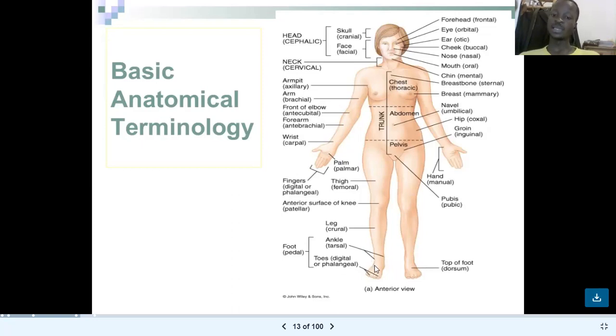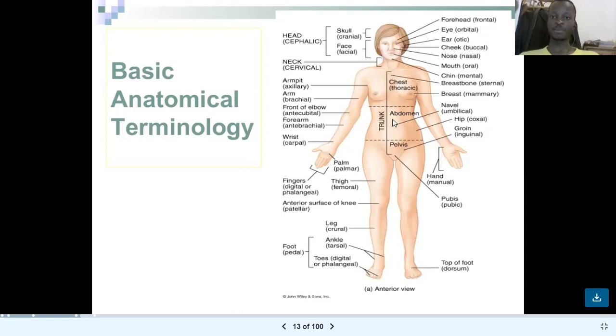If you then look at the lower limbs, the dorsal surface is the one that is on top, that is the dorsum of the foot, and the plantar aspect is what you step on, right? Then this is the navel, right? Your umbilical region.